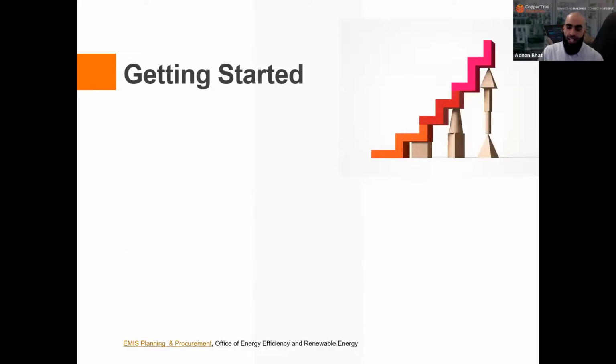So getting started, this is the last slide here, and I wanted to conclude this presentation by offering some practical steps that can help you and your organizations plan and get started with the deployment of the tools and the processes to improve building performance, save energy, and improve occupant comfort, while empowering and supporting facility and energy management teams, and not adding to their list of tasks.